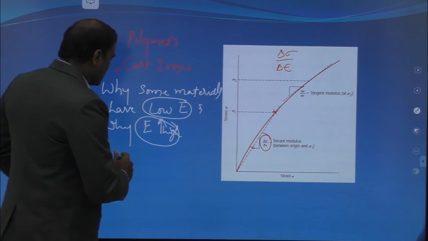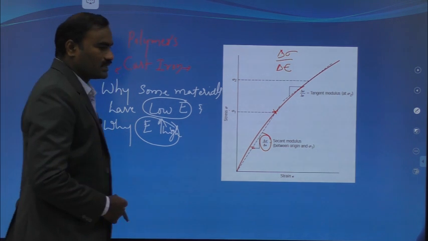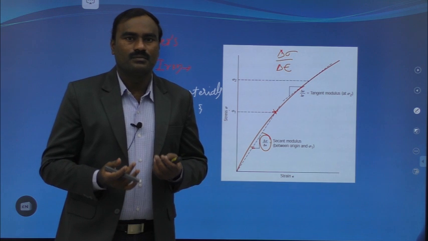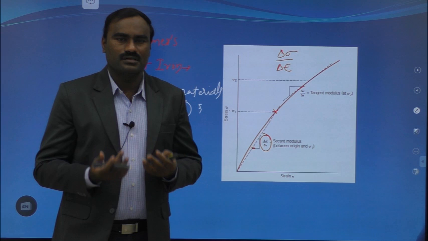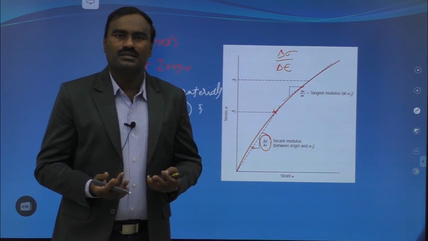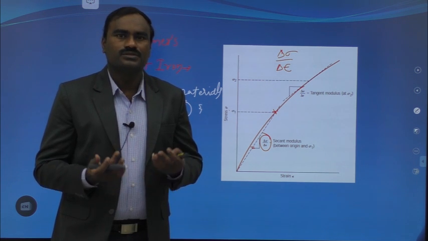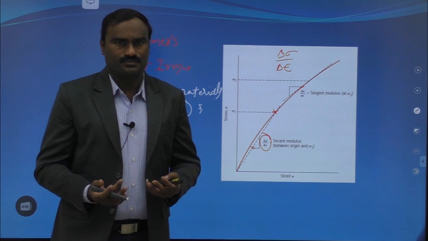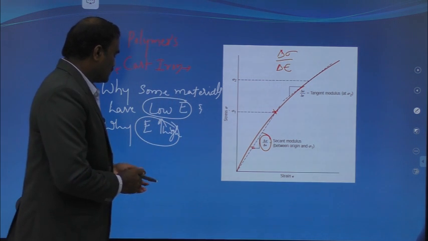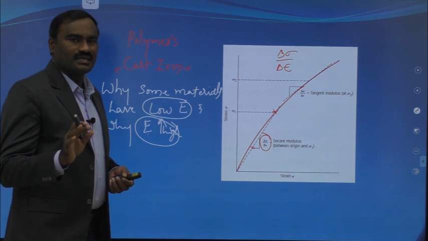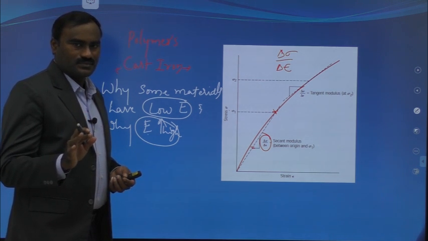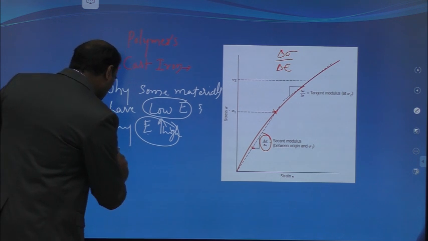Suppose if the bond is very strong, then we need to apply more force to break it. If the bond strength is low, then we need not apply huge force to break the bond. So if the E is high, that means the bond strength of the material is very high.